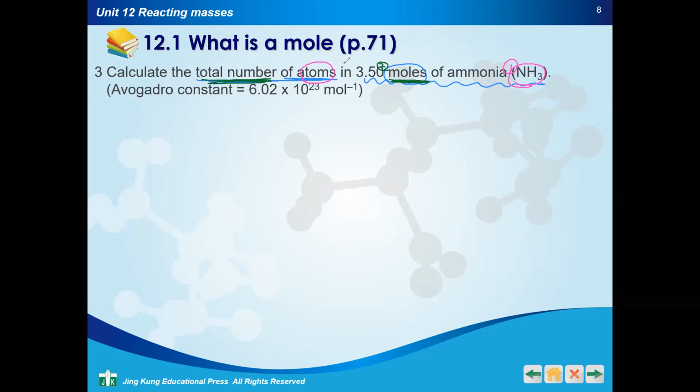First question: how many atoms are there in one ammonia molecule?